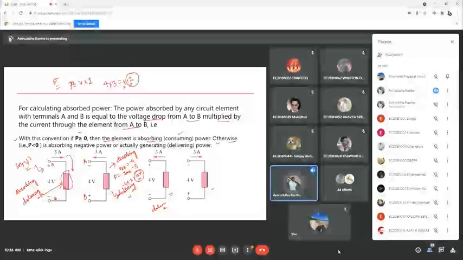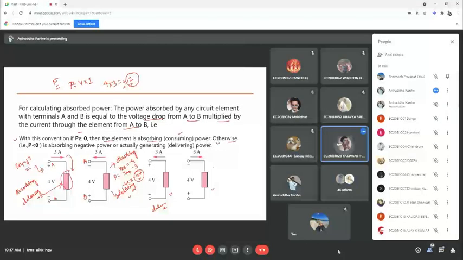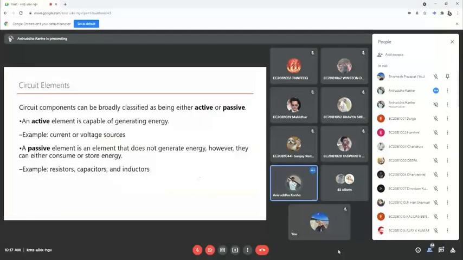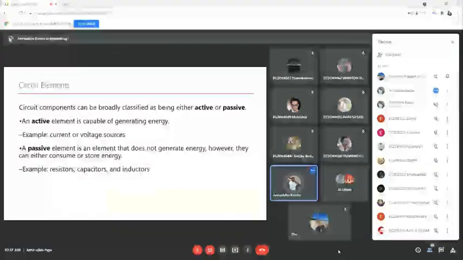Yashwant Kumar, Siddharth, Mahidhar. Delivering, sir. Fine. So this is also delivering. Is that clear, how to identify whether the power is delivered or absorbed? Right, now we will go to the next part.